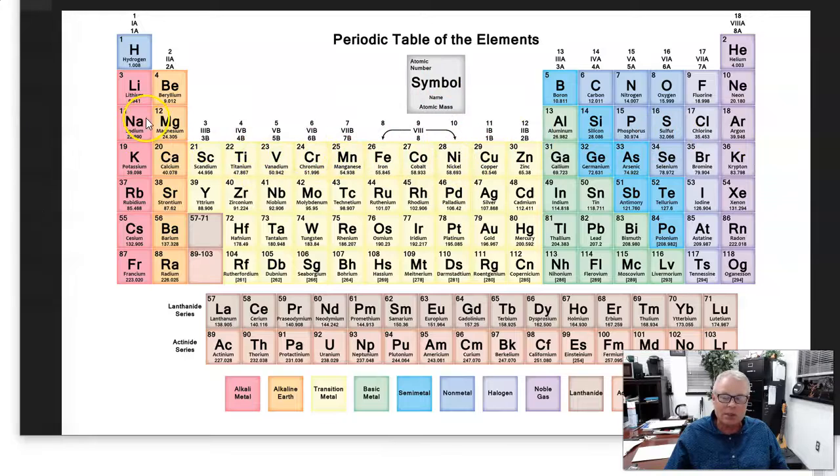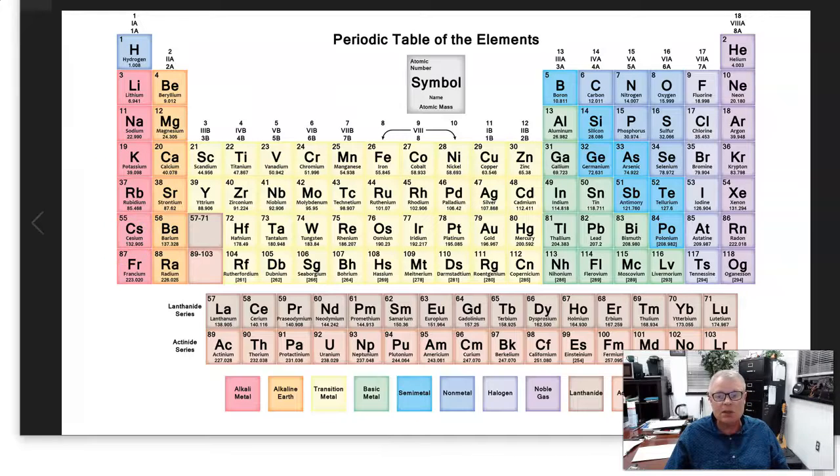Then I got sodium over here, which has a pretty low ionization energy because it's kind of up, but it's way over here to the left. You know, there's a driving force behind it giving up bits, and we'll talk about that in the next chapter. And then you got cesium down here, which is very far down and also very far to the left, so that's probably the one with the lowest ionization energy.